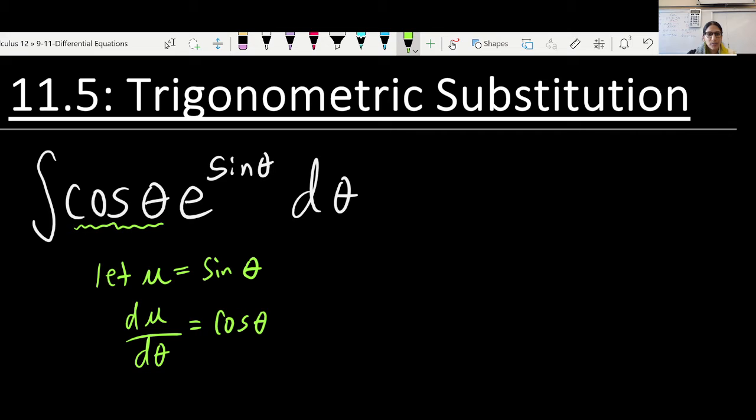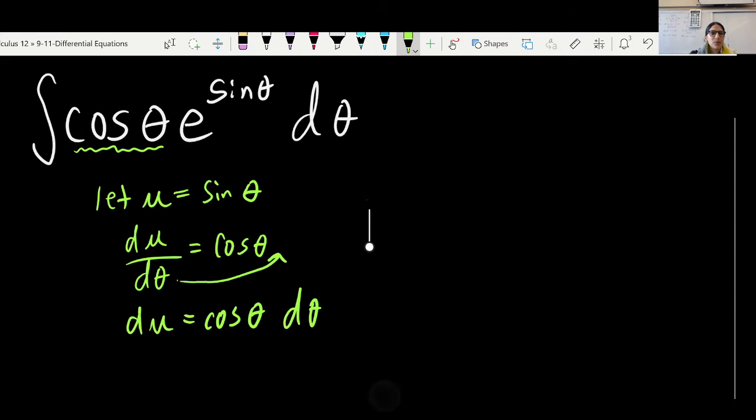This is sort of going back to stuff that we did last day, but we want to get the du by itself. So I'm going to bring this over, and we're going to say du equals cos theta d theta. So it's still the same thing. I've just rearranged it, and you'll see the reason why we're rearranging it that way in just a moment.